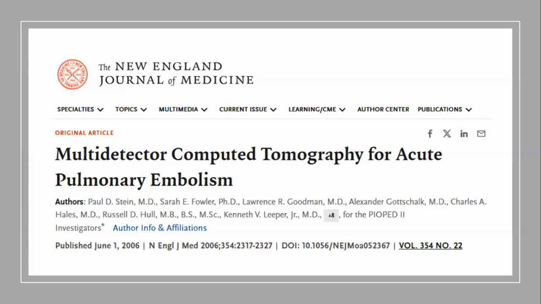the PIOPED trial, the prospective investigation of pulmonary embolism diagnosis. That was an article that was published in the New England Journal of Medicine. And they found that 66% of patients presented with dyspnea, pleuritic chest pain. Only 54% of patients presented with tachypnea.